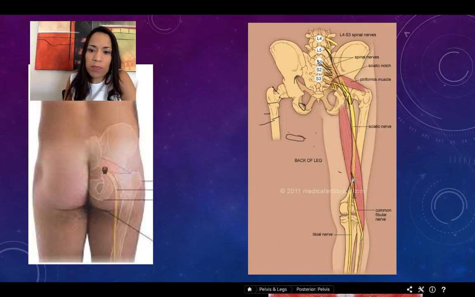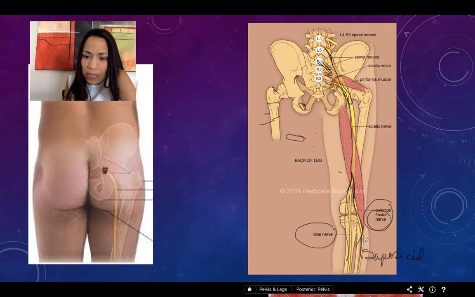It has two main branches. The innermost branch is the tibial nerve, and the lateral branch is the common fibular nerve. The common fibular nerve distally branches again into the superficial fibular nerve, and the other one that goes to the anterior aspect of the leg is the deep fibular nerve.